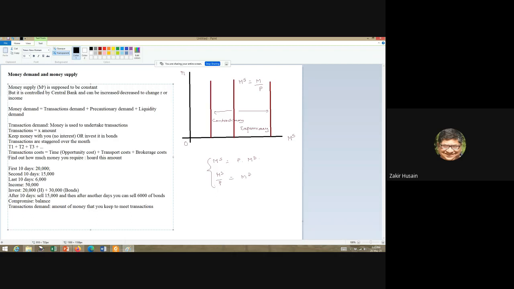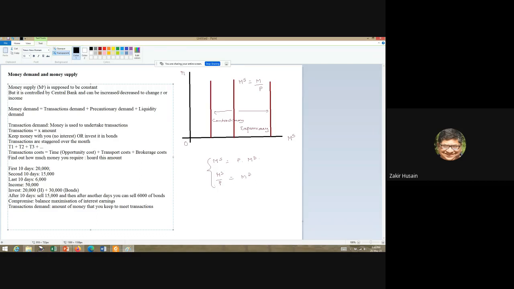The advantage is that if you invest the entire amount and periodically you withdraw the money as soon as you have to pay someone, you maximize your interest earnings. So the balance on one side is maximization of interest earnings.